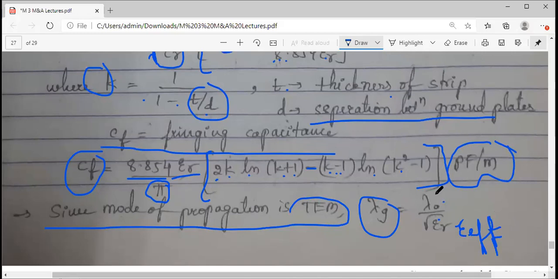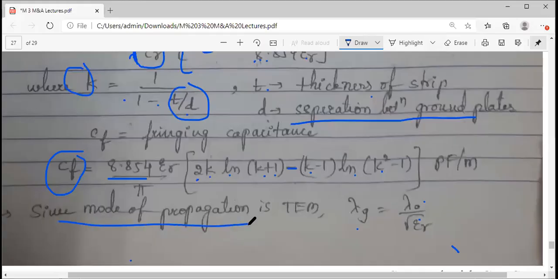In those, for finding the quality factor and attenuation, I used this formula: lambda g is equal to lambda naught divided by root of epsilon effective. But here there is no question of effective, because the mode of propagation is TEM. There is no change in the medium. So there is only one medium, the substrate itself, because the strip you have taken is embedded in the substrate. So only one epsilon, epsilon r, will exist. There is no question of an effective value. Okay.